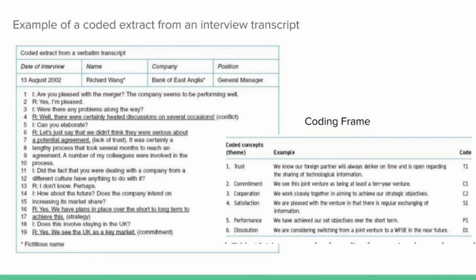Here it refers to trust, so you have coded it as T1. For the next one, number 2, the theme is about commitment, so you have coded it as C1, and so on and so forth, to make it easier to analyze or to break down the raw data.